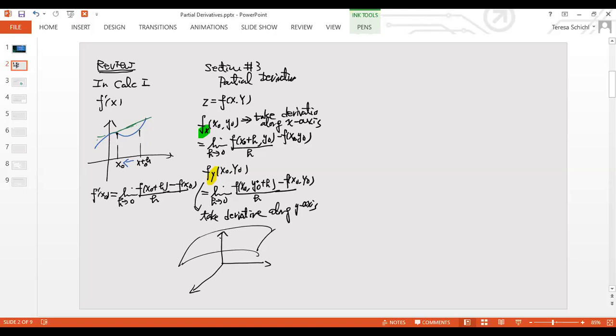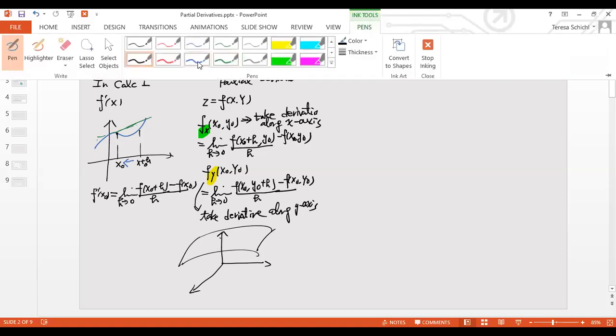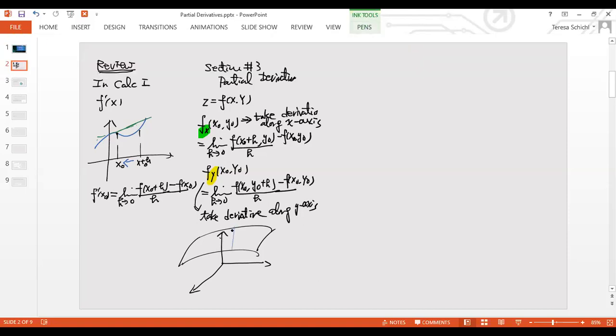When we talk about f sub x, you fix y to be a certain number, then the plane touches this surface, so you have a curve on this surface.